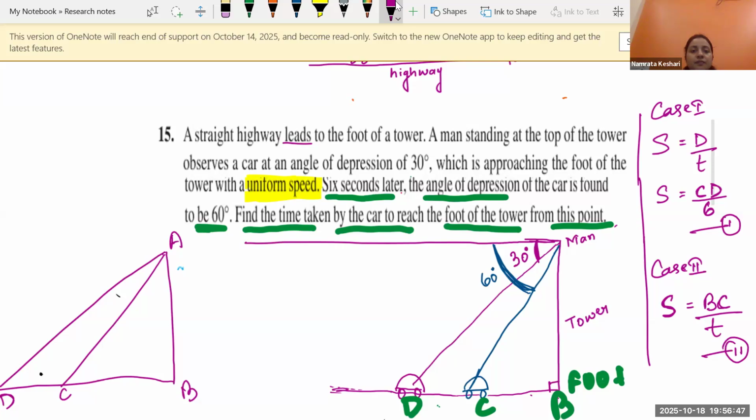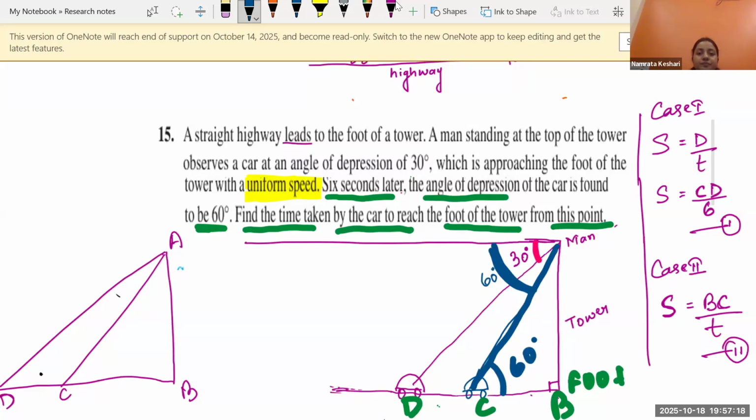Okay, एंगल ऑफ डिप्रेशन को हम अपने कंफर्ट के लिए मार्क कर लेते हैं, ऑल्टरनेट इंटीरियर एंगल का कंसेप्ट यूज करके। So see this, this is completely 60 degree, it's 60 over there, so this will be 60, making sense?